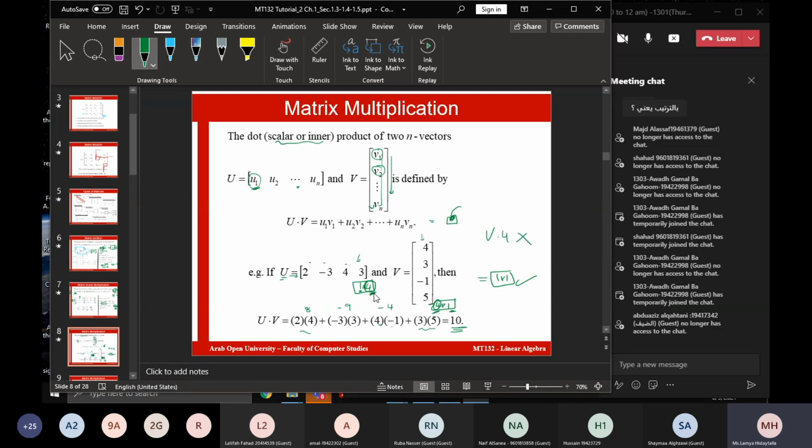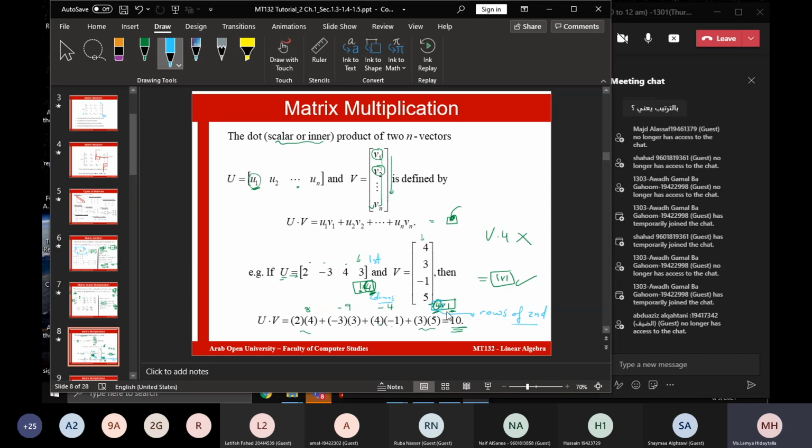What is this number? This is the number of columns. Columns of what? Of the first matrix. Equal to what? The number of rows of the second matrix.